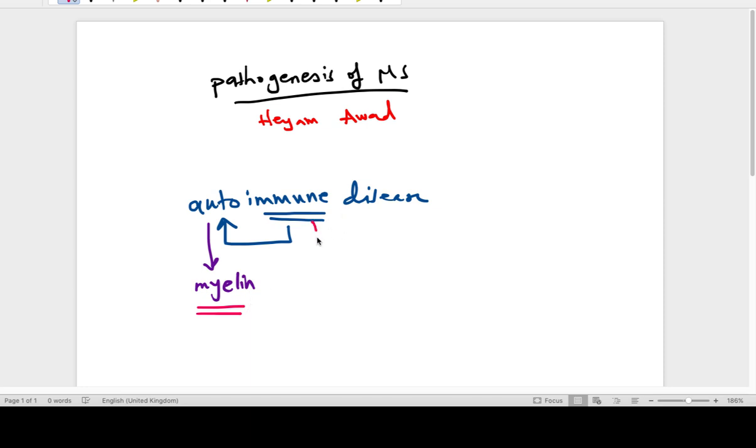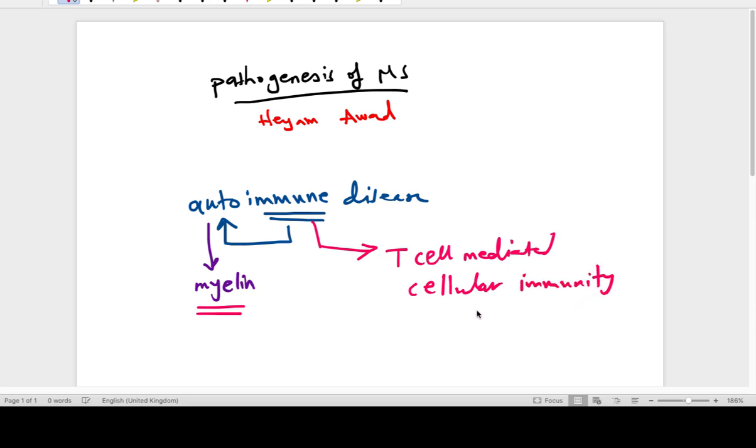The immunologic response that occurs in multiple sclerosis is mainly T-cell mediated. It's a cellular mediated immunity. Although humoral immunity possibly plays a role, mainly the process is related to T cells.